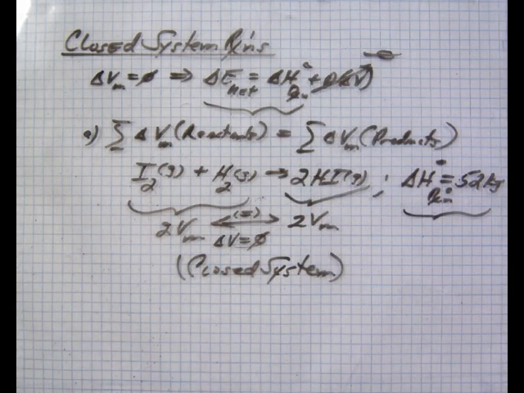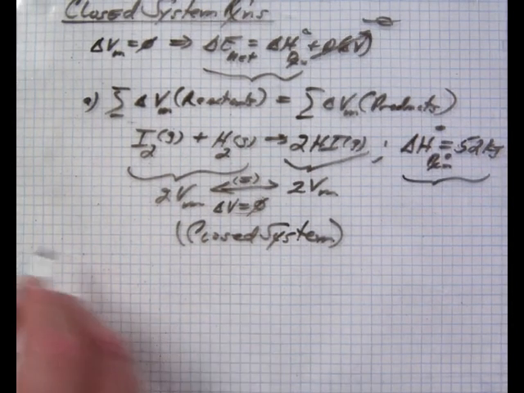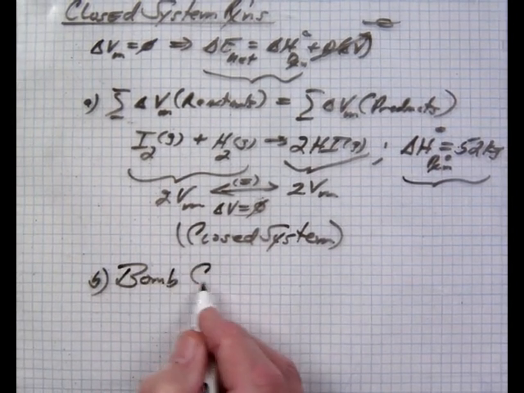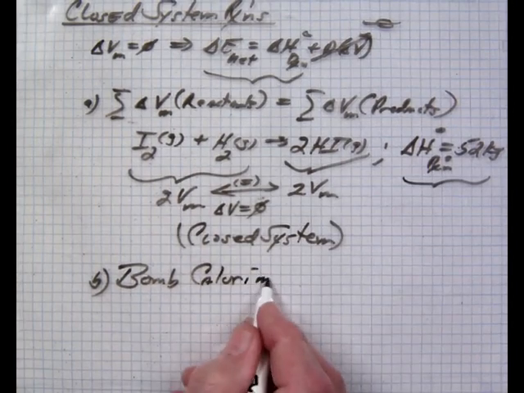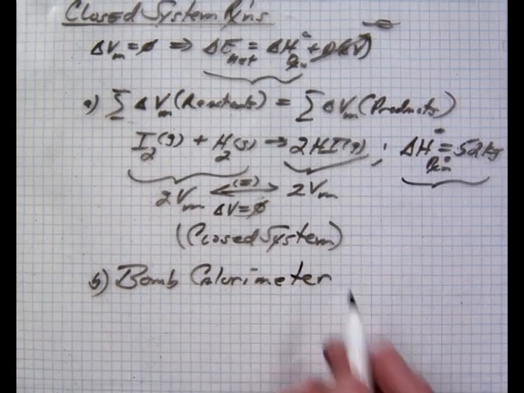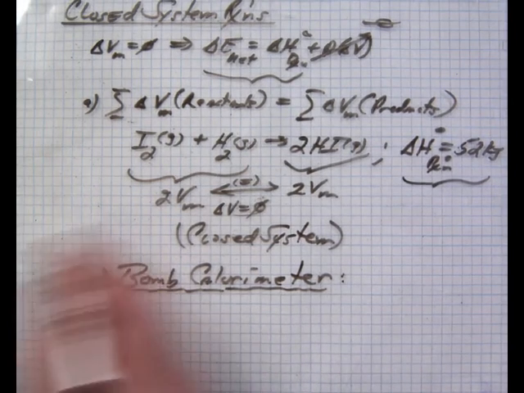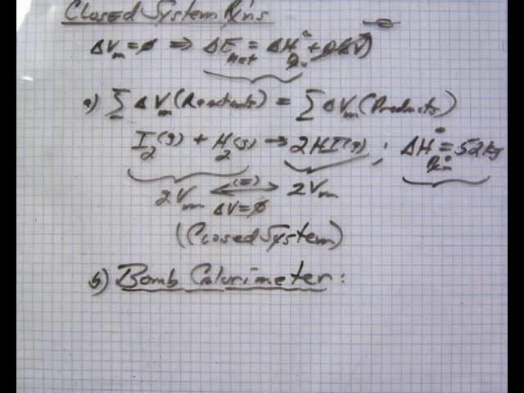Second case is what we call a bomb calorimeter. A bomb calorimeter is a special piece of equipment for measuring heat of reaction without considering the expansion or compression issues associated with changes in volume.